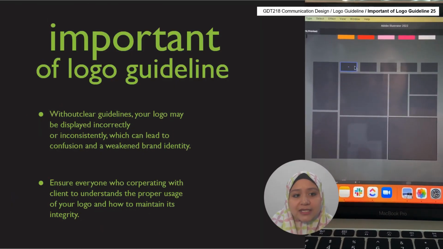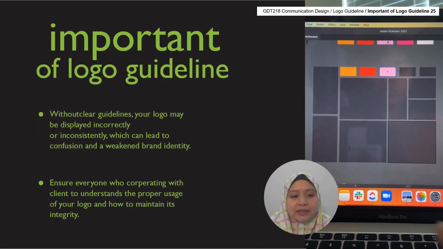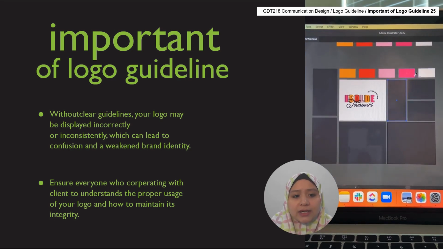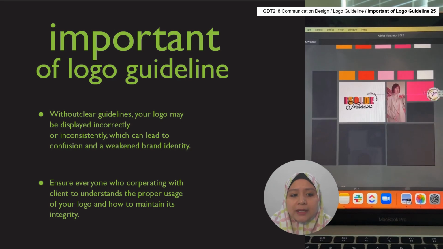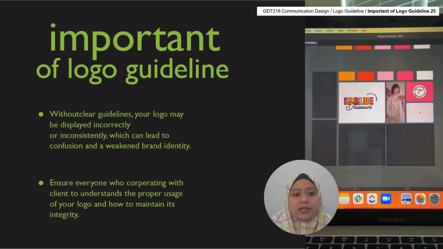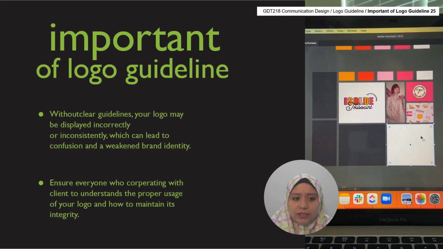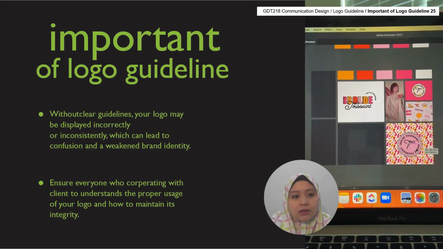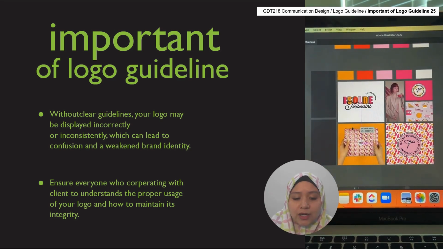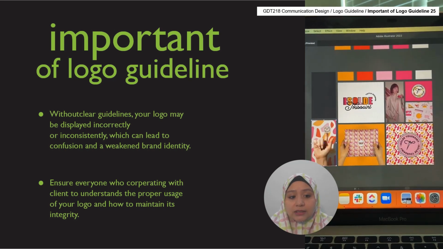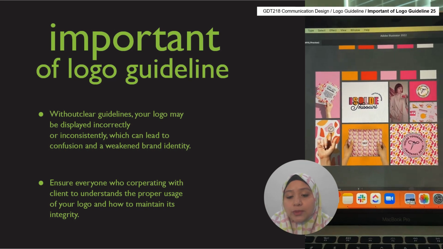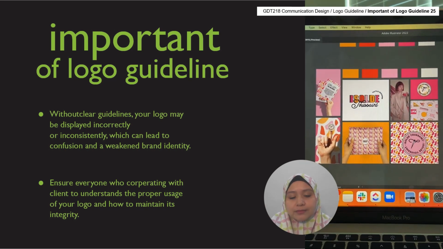From the case study given previously, we can tell that logo guidelines are very important because without clear guidelines, your logo may be displayed incorrectly and inconsistently, which can lead to confusion and a weakened brand identity. Logo guidelines also ensure everyone who cooperates with the client understands the proper usage of your logo and how to maintain its integrity.